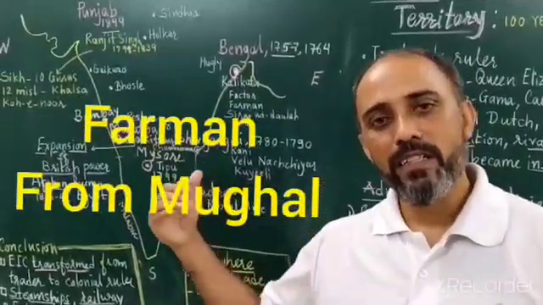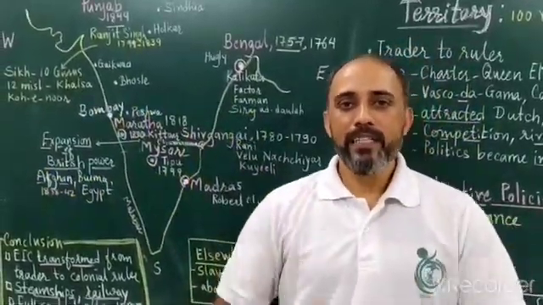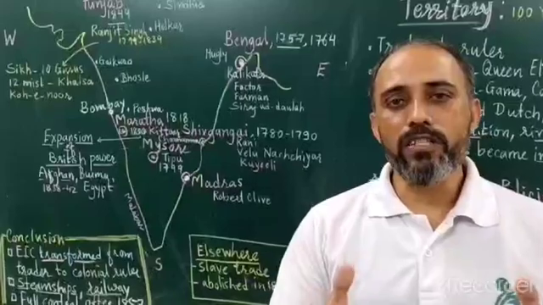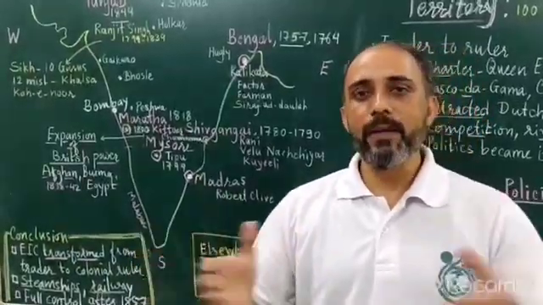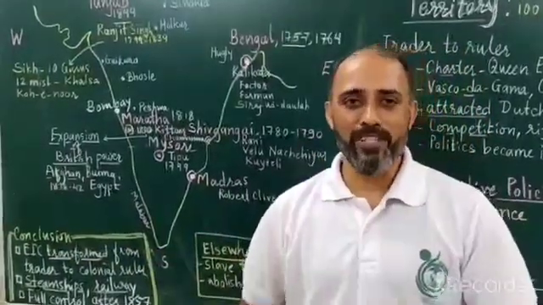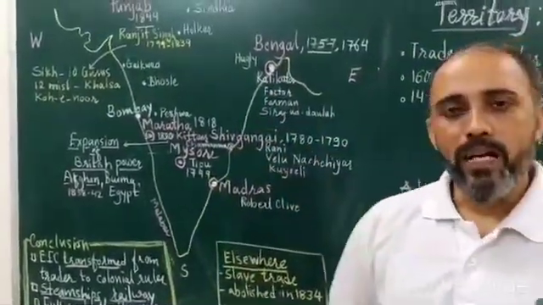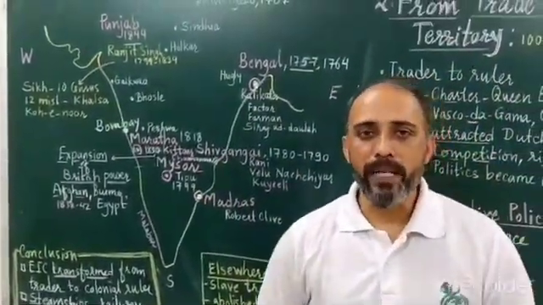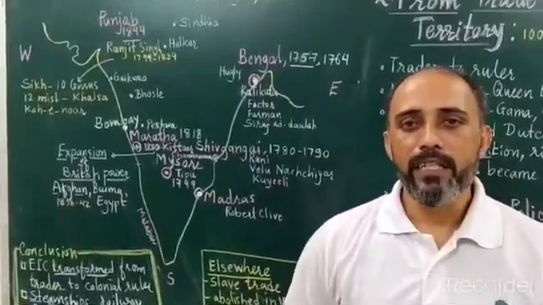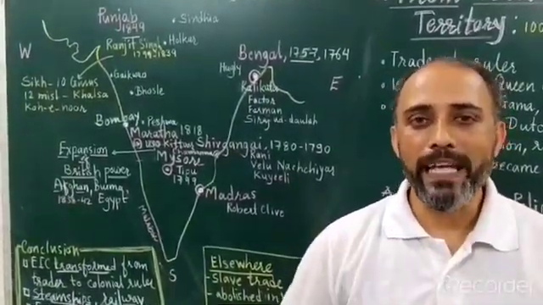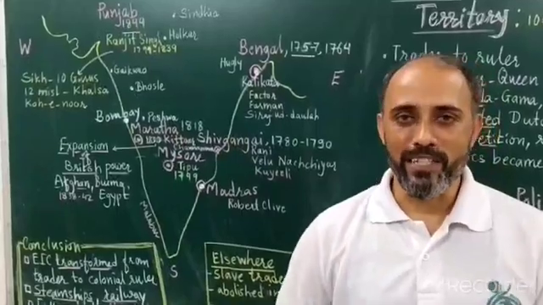This hurt the Nawabs of Bengal, and there was a confrontation, a rivalry and a battle between the Nawabs and the British East India Company. When Siraj-ud-Dawla became the Nawab of Bengal, he opposed the company's trade expansion in the Bengal region.